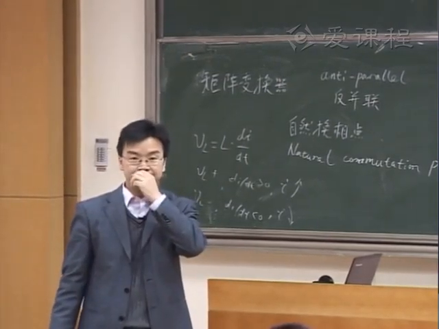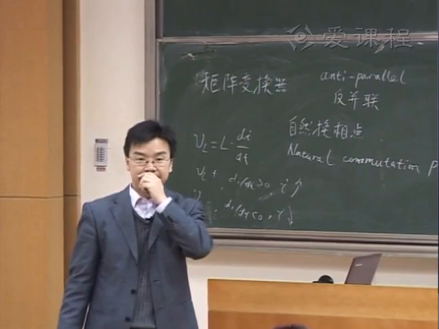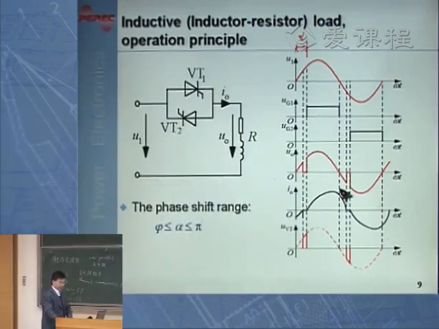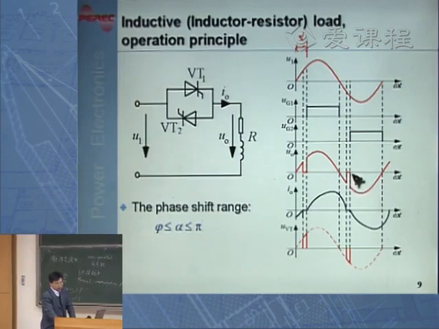So that's the physical process. So you can see this load voltage will be having this waveform, and then in the next half cycle, at this instant when I trigger again at triggering delay angle alpha, VT2 will be conducting because VT2 is under positive voltage, and therefore the current will be increasing in the reverse direction because now voltage is this side positive, this side negative.